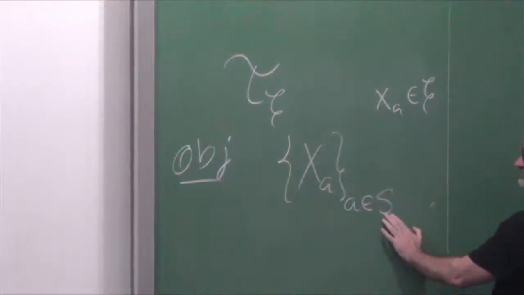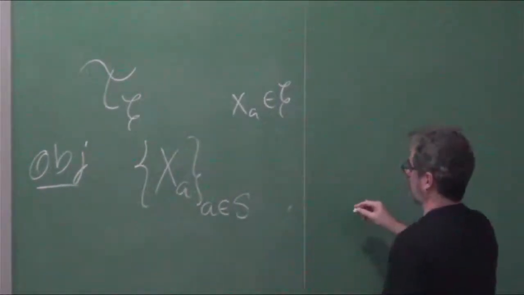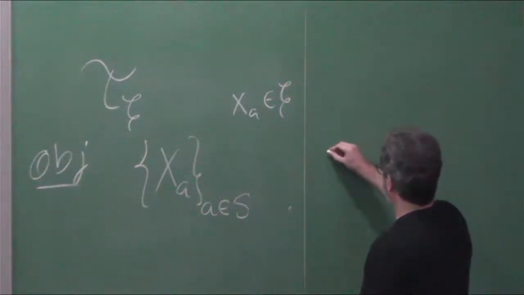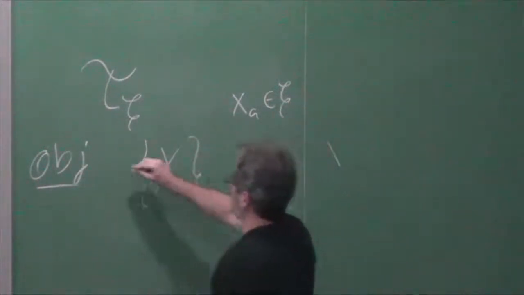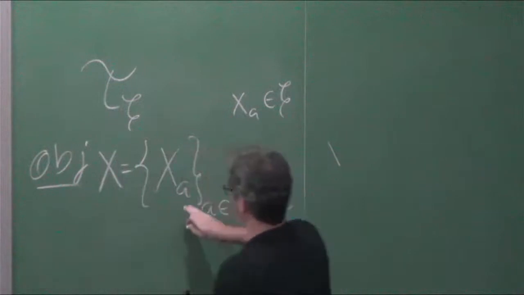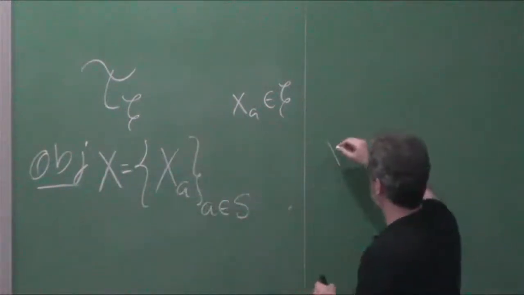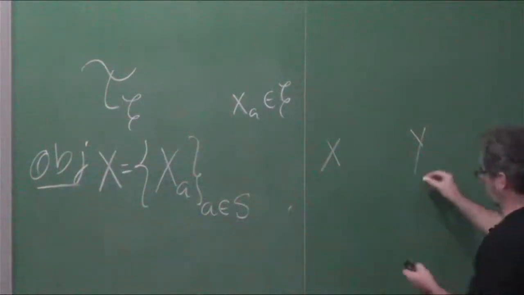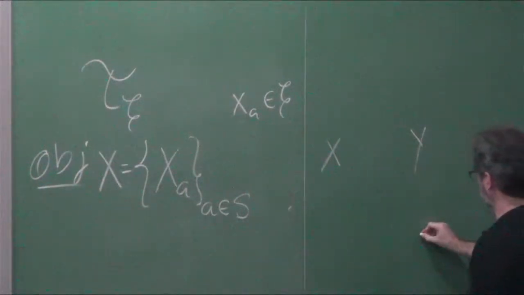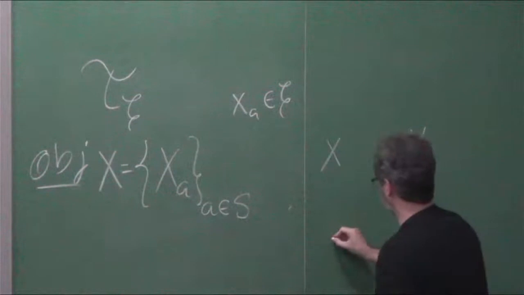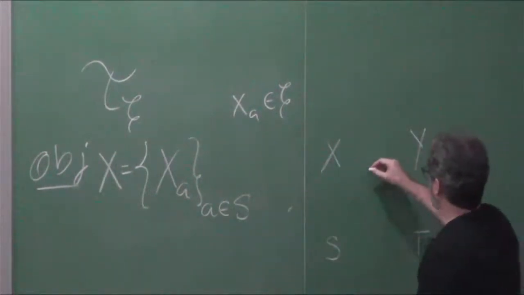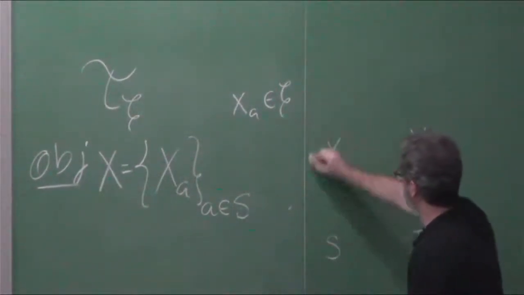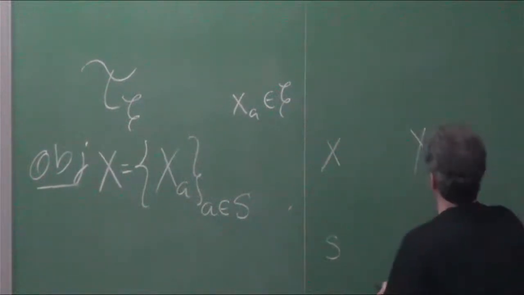So S is just a set, and then the morphism. Let's call this X, where the subindex is the whole family, and then Y is another family. And you have a set over Y, let's say T, and you have a set here S. You want to define a morphism from this object to this.